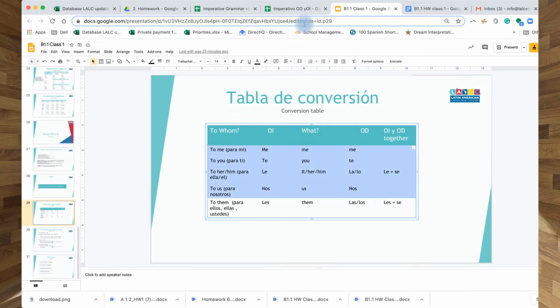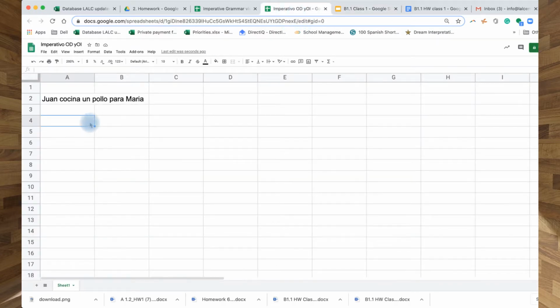So remember, who does the action, which will be el sujeto de la oración, then which is the verb, then what about the verb, and then to whom. To whom always is the indirect object, and what about the verb is always the direct object. So el verbo in this case is cocina, and then who, Juan, and how you can make Juan shorter, él.